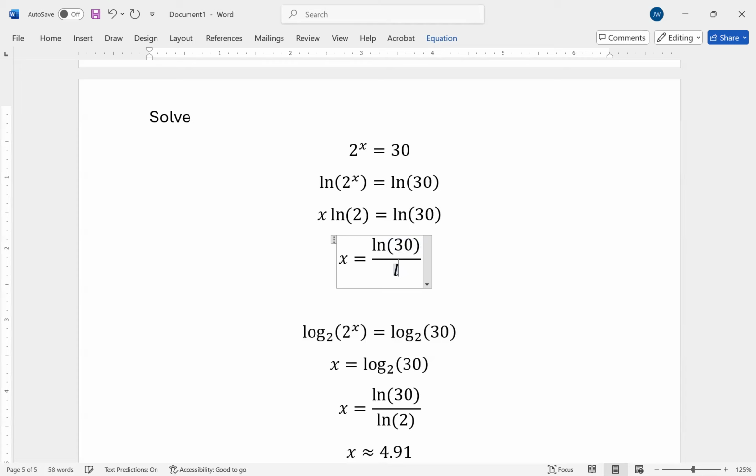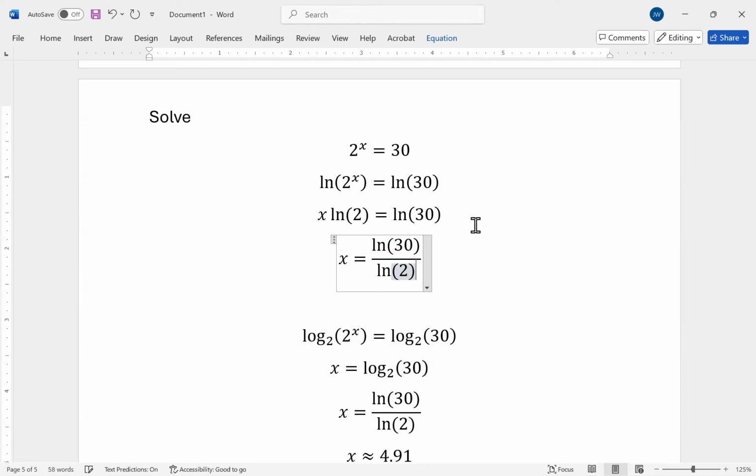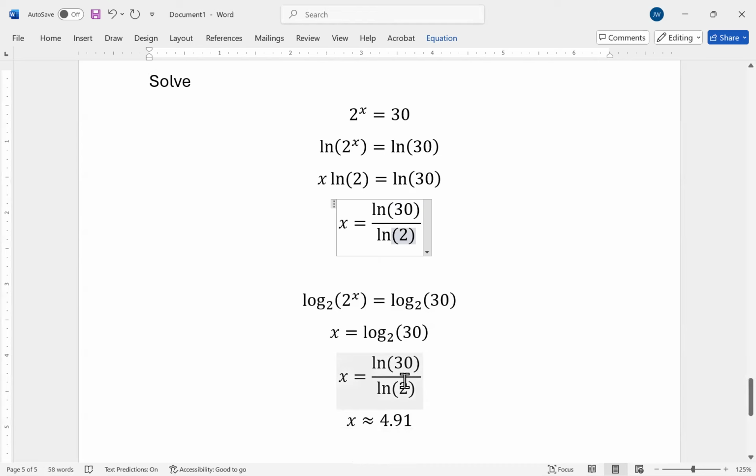So I get natural log of 30 divided by natural log of 2, which is exactly what I got when I took log base 2 of both sides. So either option is going to lead to the correct answer. I can either take log base 2 of both sides, or I could take a natural log of both sides. If I take log base 2 of both sides, I'm using the inverse property of logarithms and exponentials in order to cancel out log base 2 with 2 to the x and just give me an x.